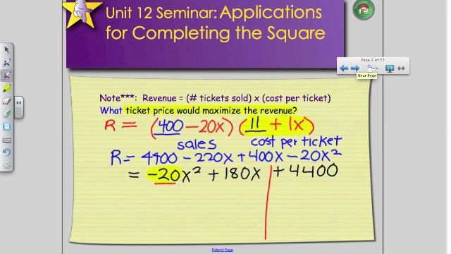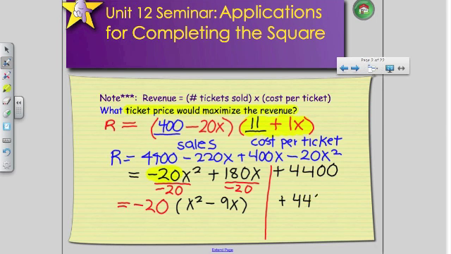So what I'm going to do is divide both of my terms in Team A by negative 20 so that the negative 20 goes on the outside, and then I'm left with x squared minus 9x plus 4,400. Very important to note that the 4,400 does not get affected by this whole dividing by negative 20 because it only happens to my terms on Team A.